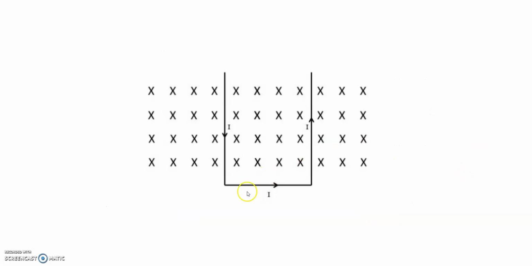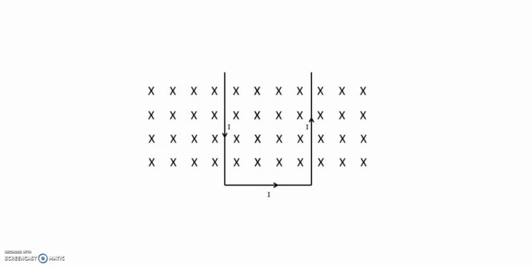So let's go back to the problem. Here we have the direction of the current flowing along the wire, and we have the direction of the magnetic field, like I just described. If we were trying to find the direction of the force, the third quantity, everyone that's watching, you can follow along because it helps to practice this. You would point your thumb in the direction of the current.